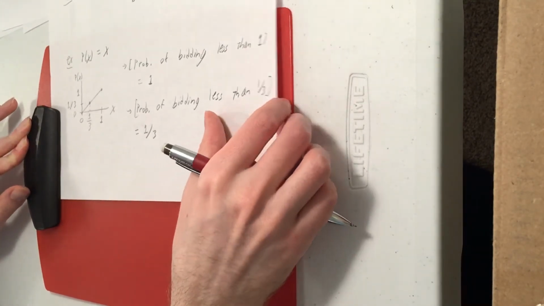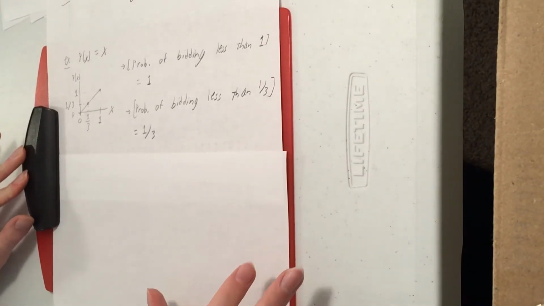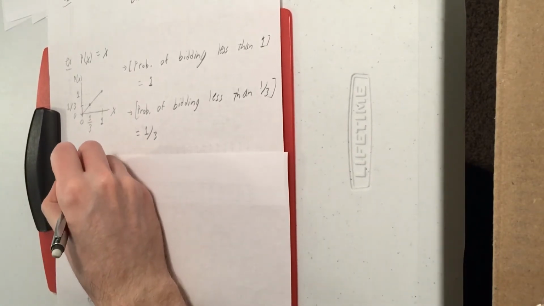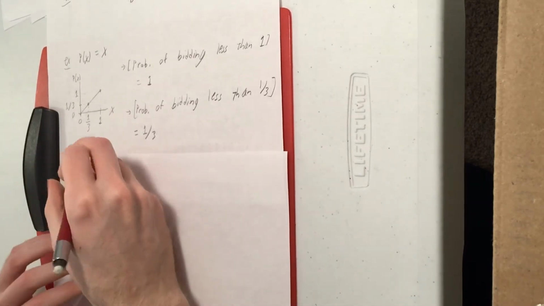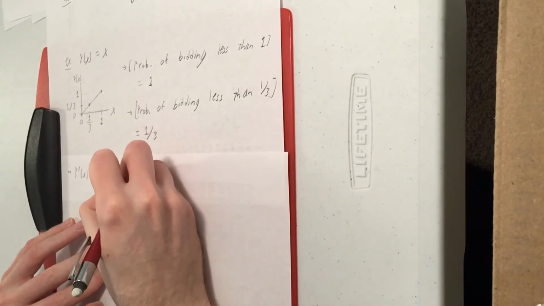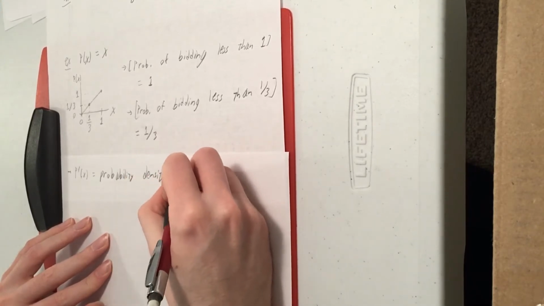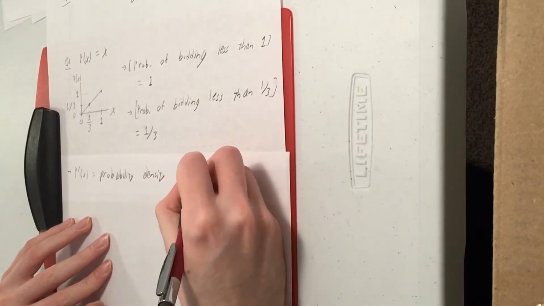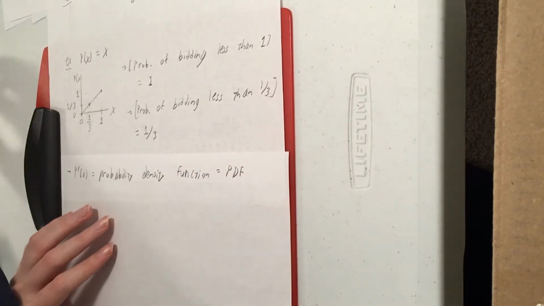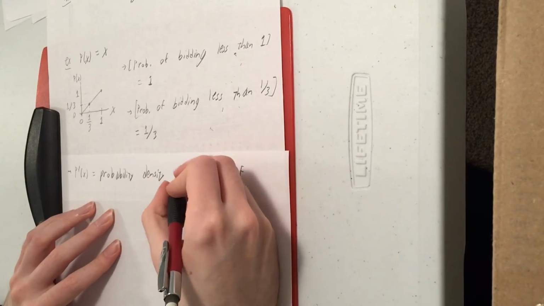So this PDF, this probability density function, is always the derivative of the cumulative distribution function. So you use it much the same way, though the interpretation of the graph is a bit different.